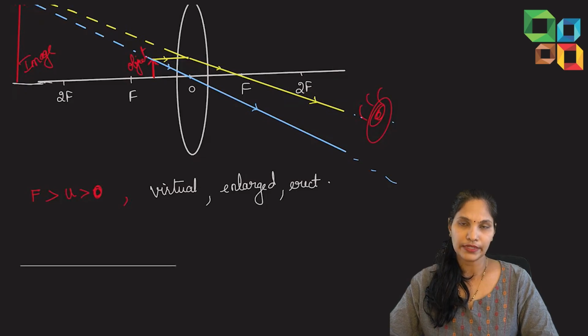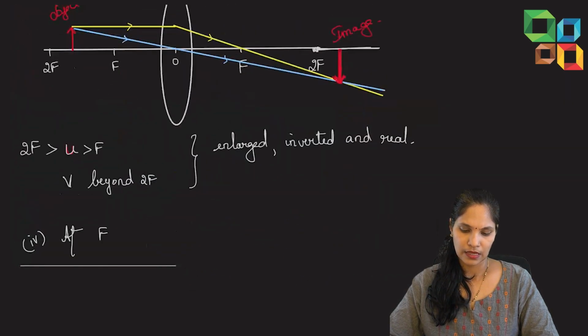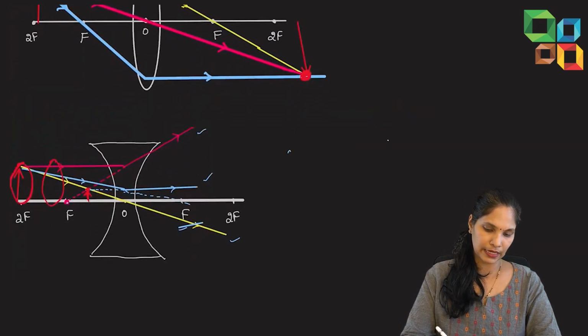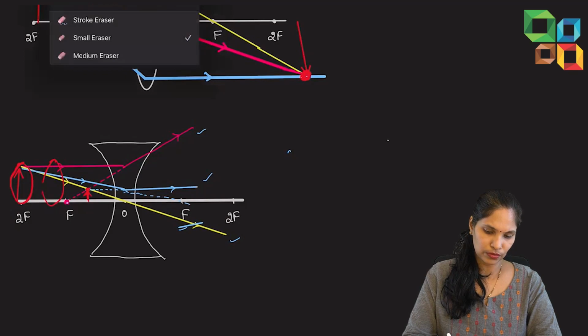Let's move on to concave lens then. I don't have to do it once again because it's the same thing you're going to get again and again. I leave it to you.